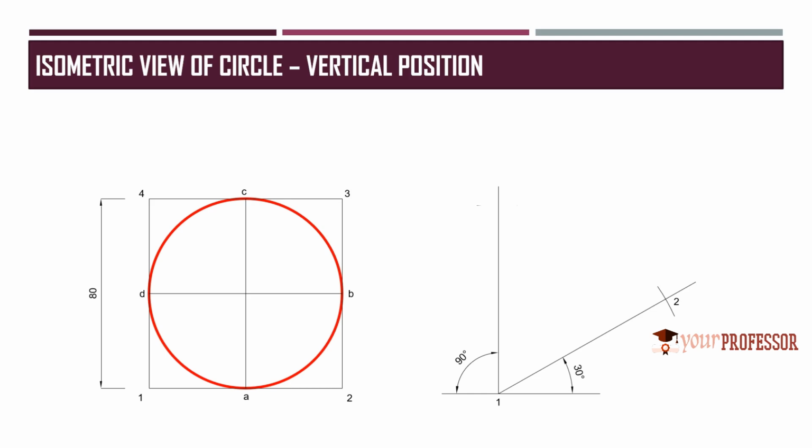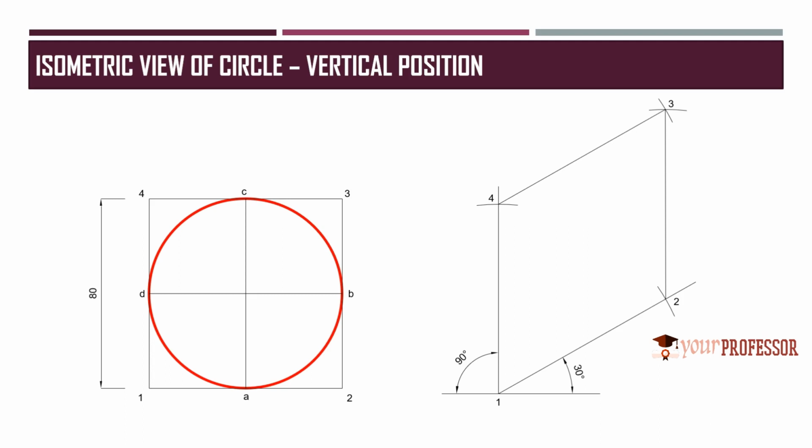Now 1 as center, drop an arc onto the vertical line, so that will be point 4. In order to find point 3, draw an arc by considering 2 as center, 80 mm as radius. 4 as center, 80 mm as radius, drop one arc. Both will be intersecting at point 3. Join 2 and 3, 3 and 4. So that is the isometric view of the square.